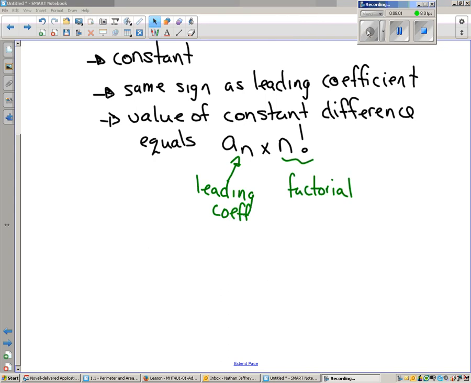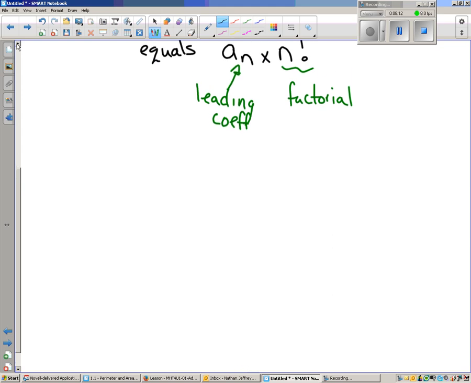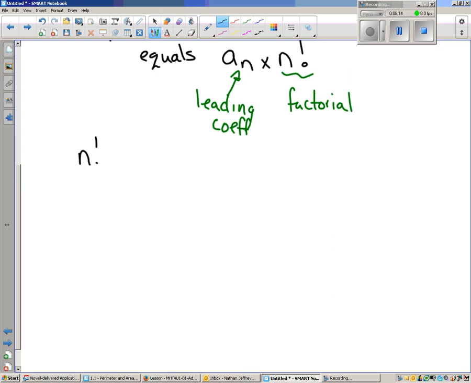So n factorial, or n with a little exclamation mark, is actually a mathematical notation. What that means is n times n minus 1 times n minus 2, all the way down to times 2 times 1.